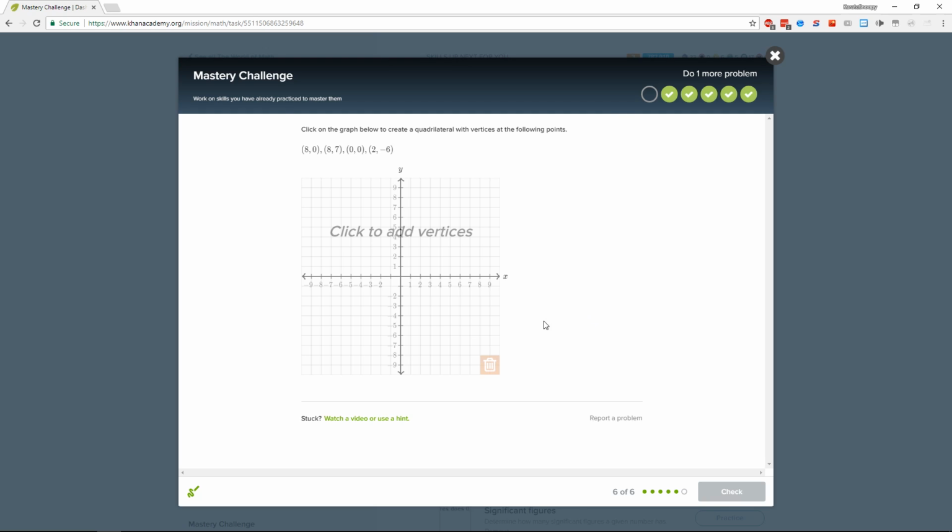Create a quadrilateral with vertices at the following points: 8, 0; 8, 7; 0, 0; 2, negative 6.